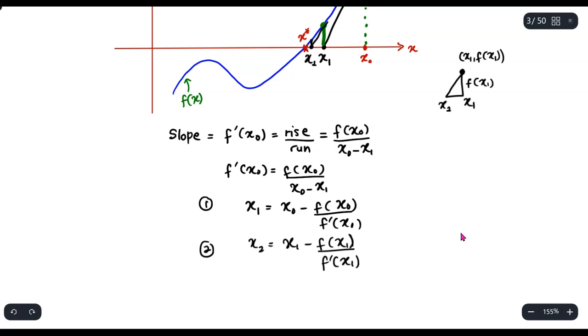So we have another triangle, and now we can see we are at the point of the root itself.